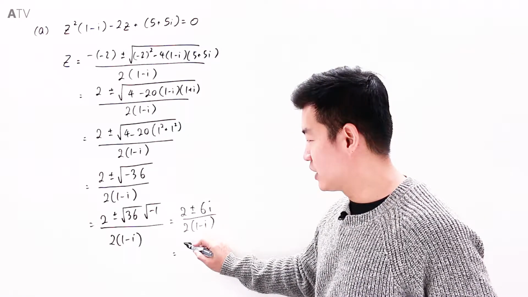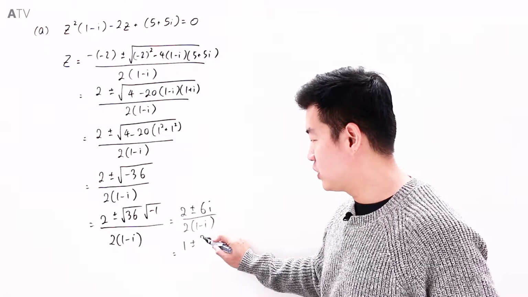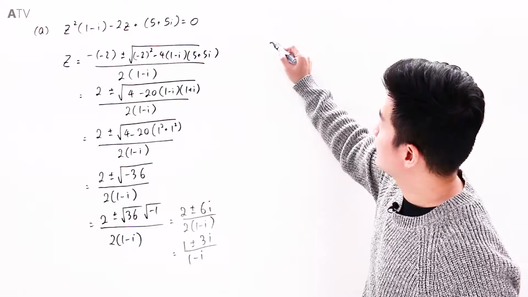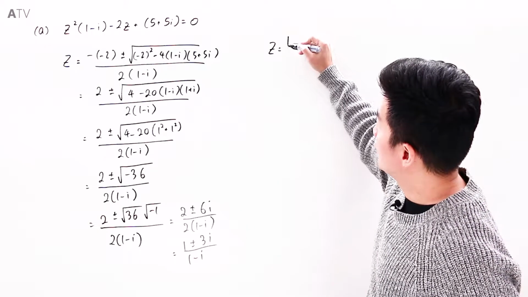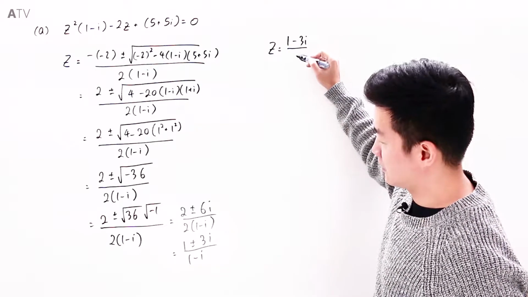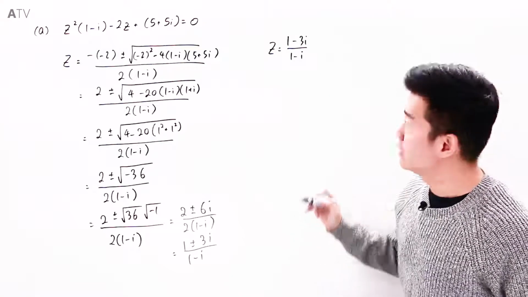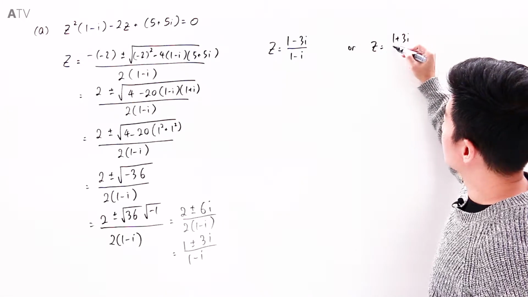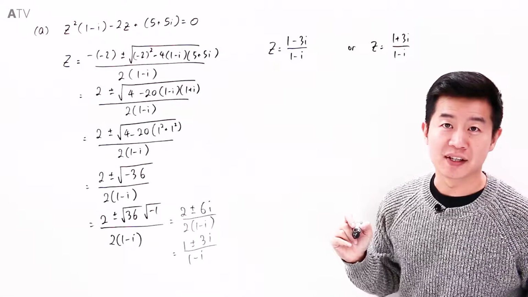This divided by 2 is 1, and this divided by 2 is 3, over 1 minus i. So z is going to be either (1 minus 3i) divided by (1 minus i), or (1 plus 3i) divided by (1 minus i).